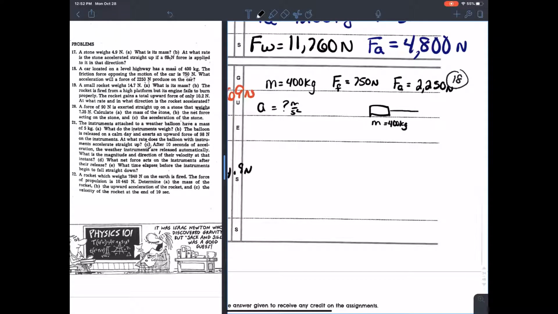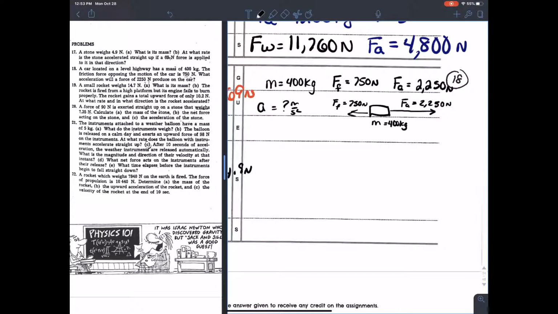I know that the car is wanting to move forward with an applied force of 2,250 newtons, but you have this frictional force acting against it, and that force of friction is 750 newtons. So that's our free body diagram right here.